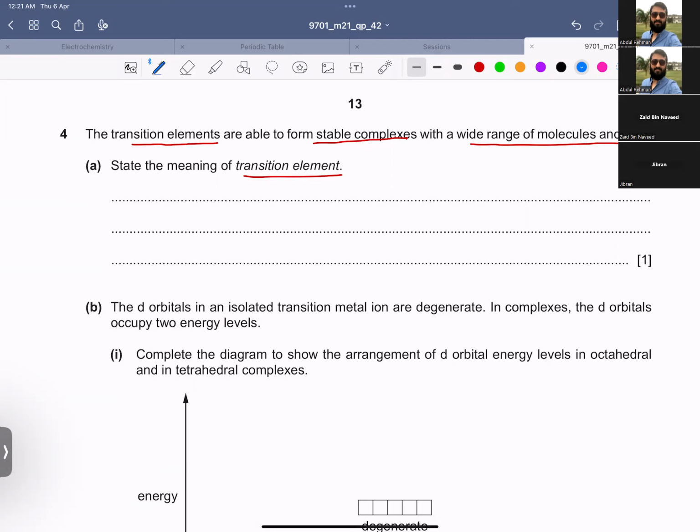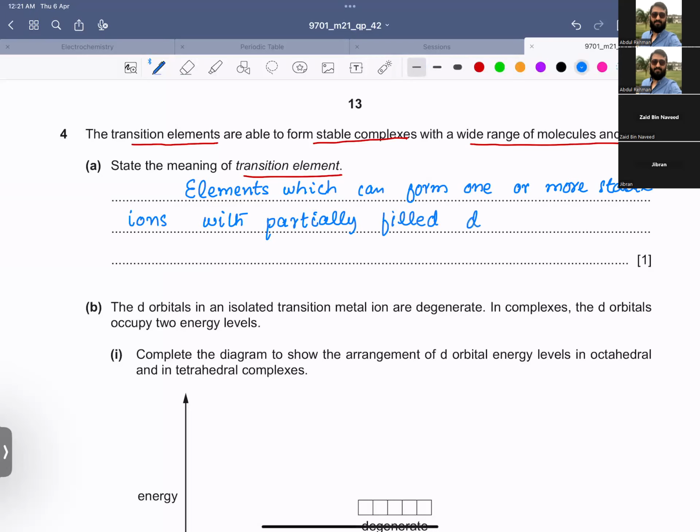So I can write: elements which can form one or more stable ions with partially filled d subshell.